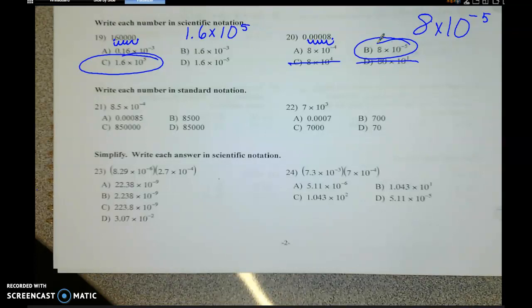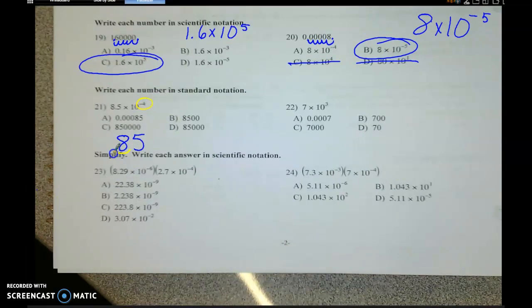Looking at 21, now we're going from scientific notation to standard form. So we have our coefficient 8.5, okay? So we have our 8, our 5, okay? We need to move it. Our exponent is negative. That means it's really small, so we're going to have to move it to the left, okay? So if I had my decimal right here, I've got to move it 4 places because of that exponent.